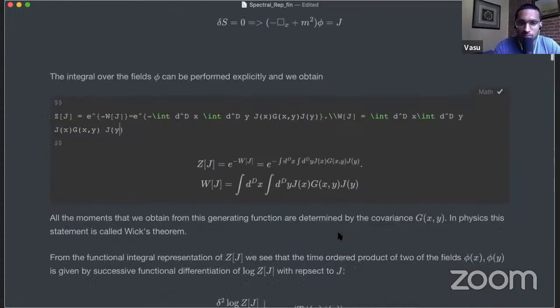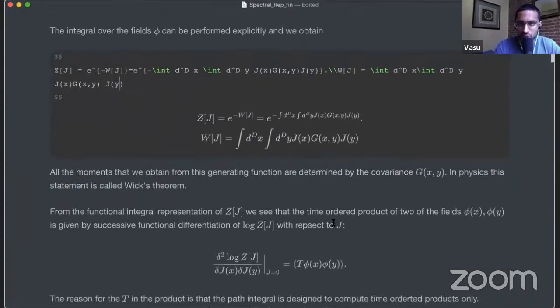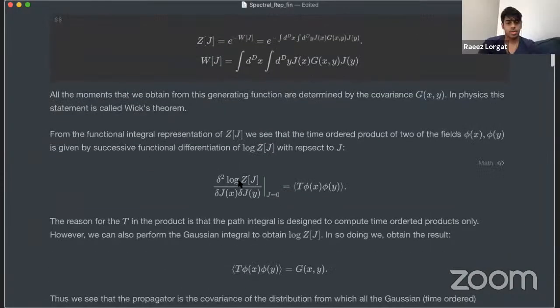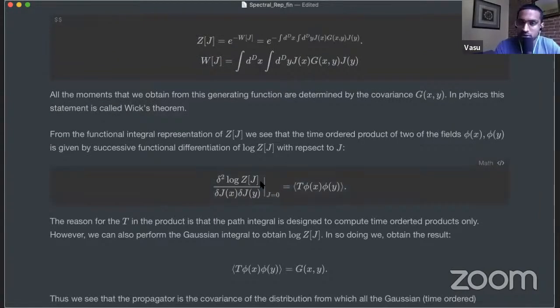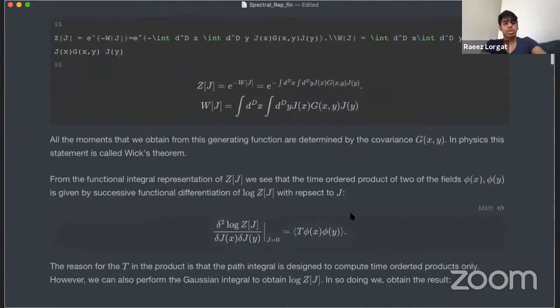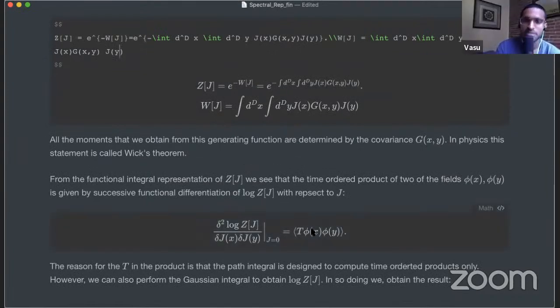So that means any correlation function I'd want to compute comes from computing functional derivatives of log z, right? Connected correlation functions come from doing repeated functional derivatives with respect to j. And because this was Gaussian, all correlation functions are just determined in terms of the 2-point correlation function.